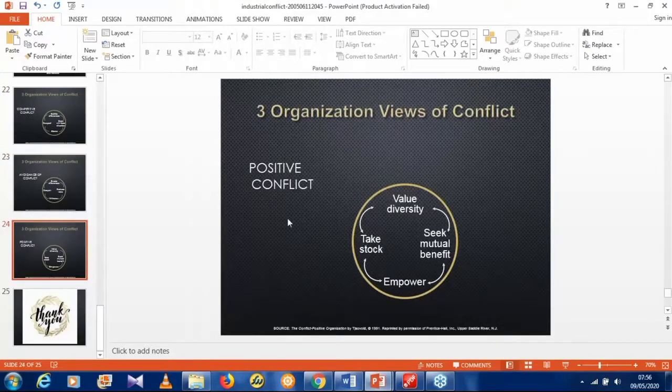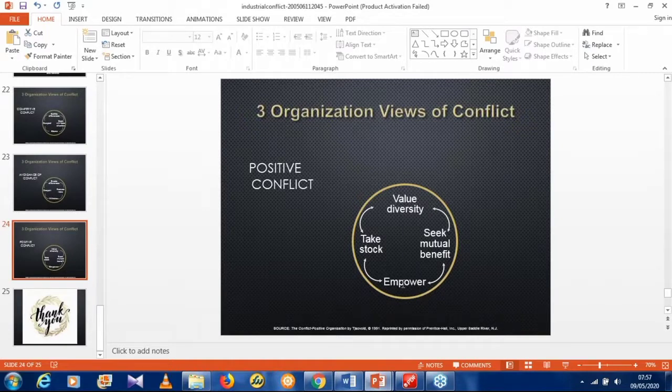In positive conflict, we are running around: it goes from valuing diversity to seeking mutual benefit, to empowerment, and then taking stock. Each of them is interconnected to each other.